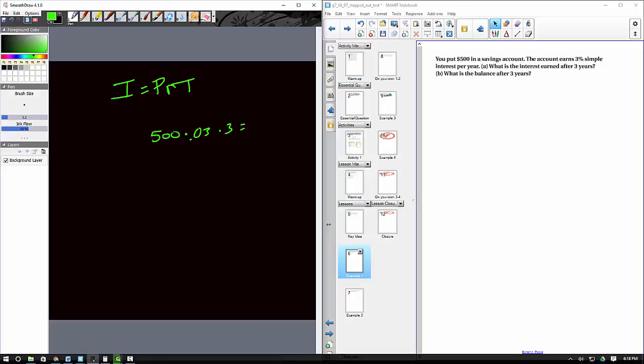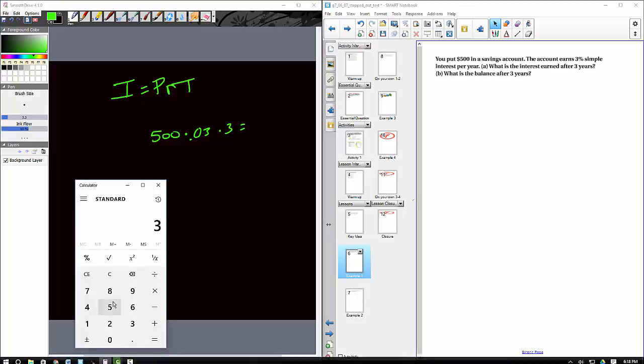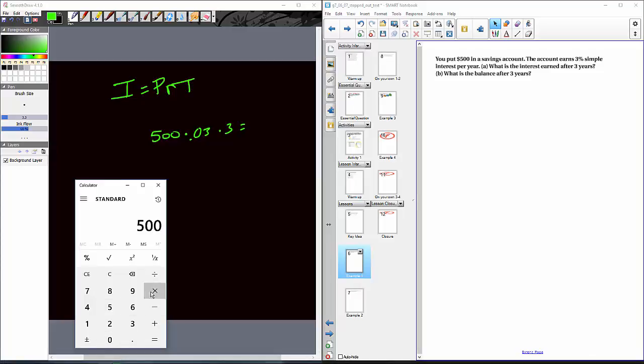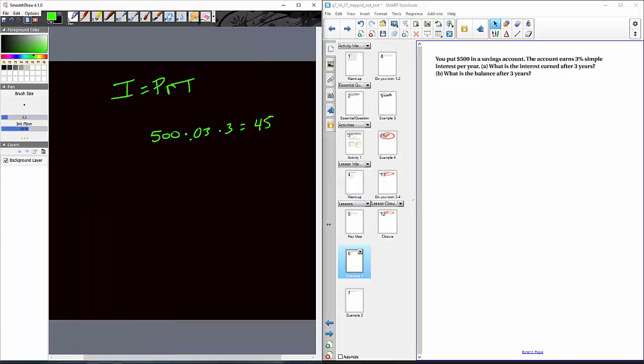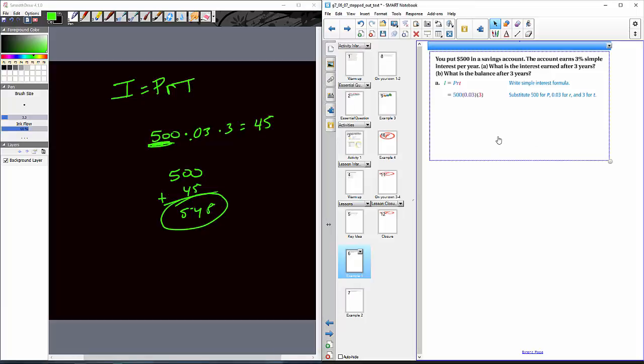When I do that, I have 500 times 0.03 times 3. That means I make $45. Now, that's not the total amount, right? Because I still had the $500 I started with. So it's 500 plus the interest, which was 45. So altogether, that equals $545 is what I have. So that's how they get this answer.